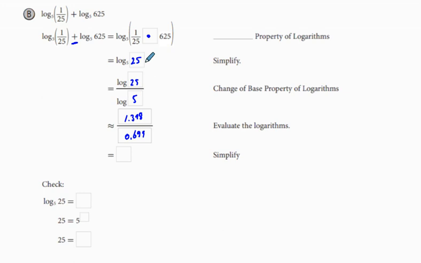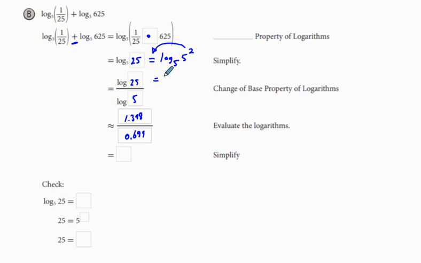But it's really simpler than that, because we can rewrite this 25 as 5 to the power of 2, and we can take this 2 out front like this.